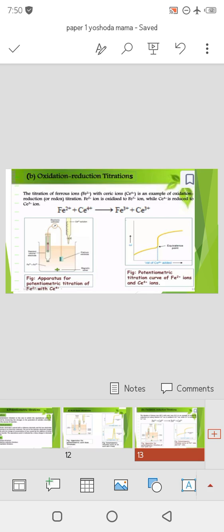Fe2+ ion is oxidized to Fe3+ ion, while Ce4+ is reduced to Ce3+ ion. How can it exchange the electrons? So we can observe in this reaction Fe2+ + Ce4+ gives Fe3+ + Ce3+. So this is the reaction.